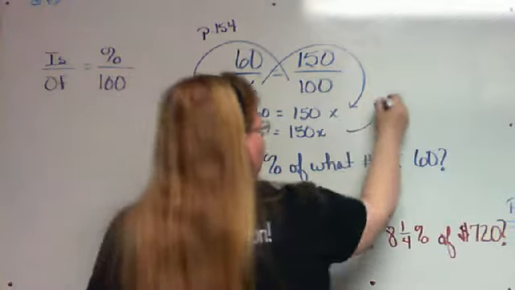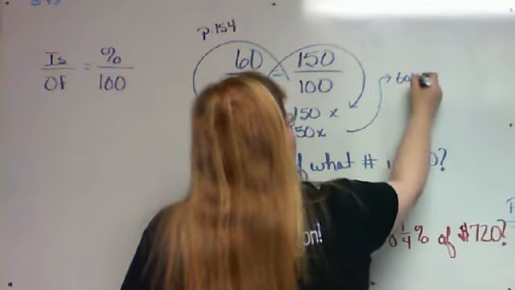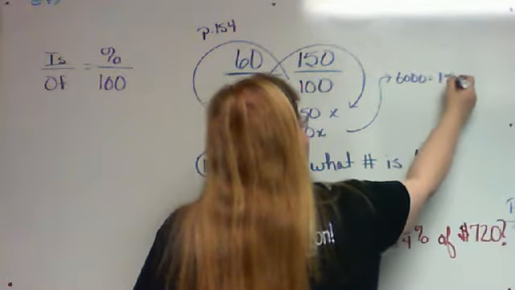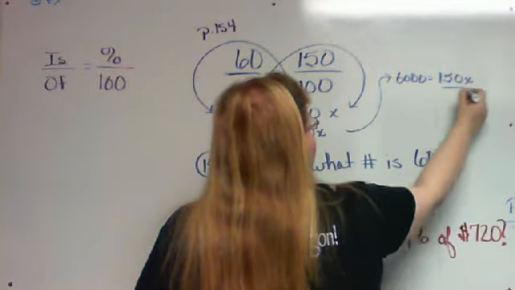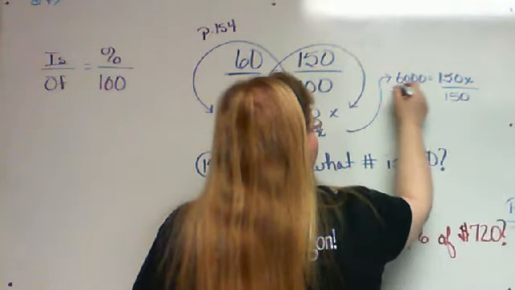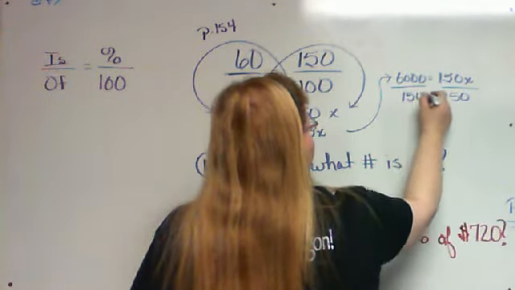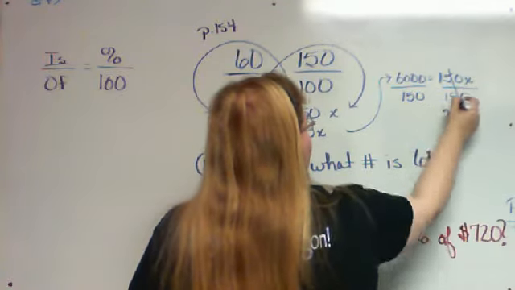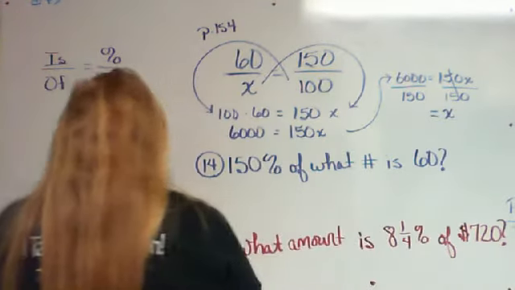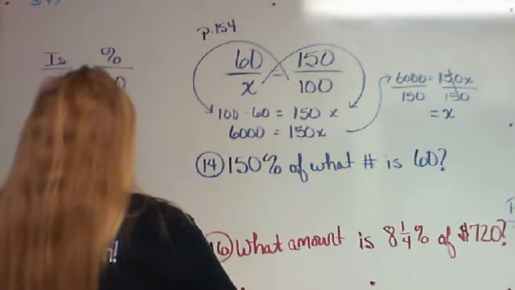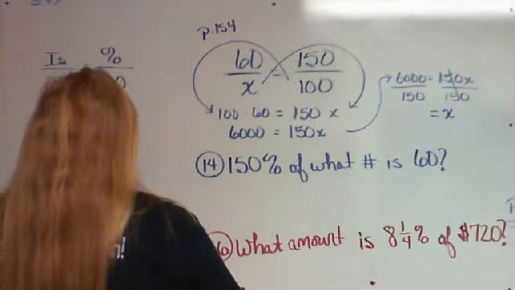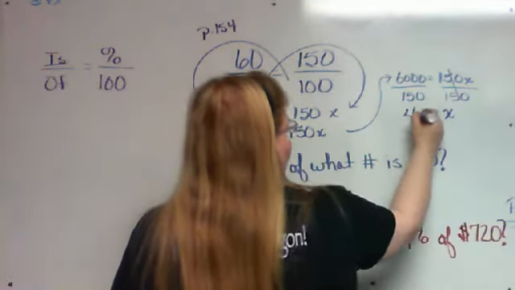And then divide both sides by 150. X must equal, calculator, 40.